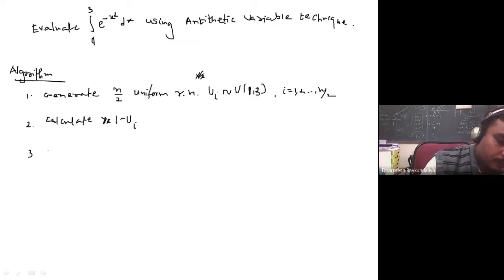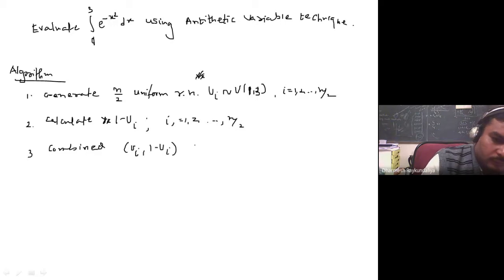Third, combine ui and 1 minus ui, i equal to 1 to n/2.